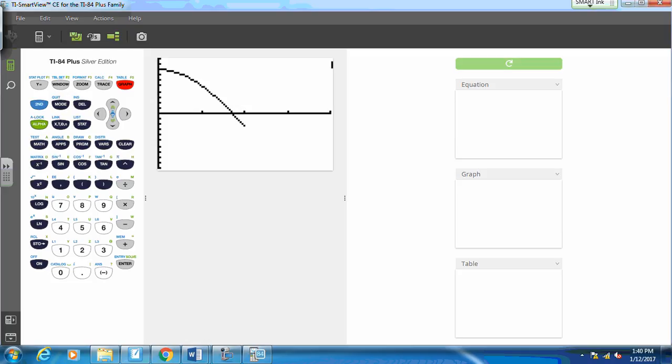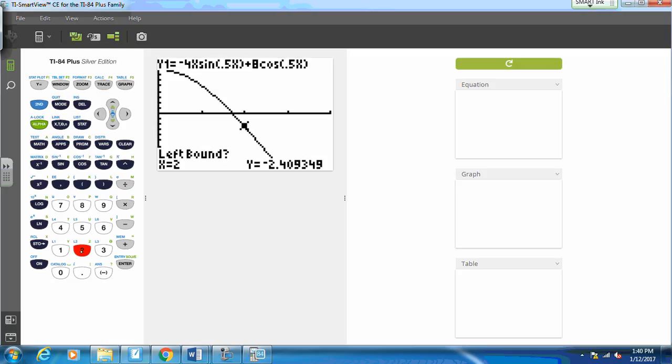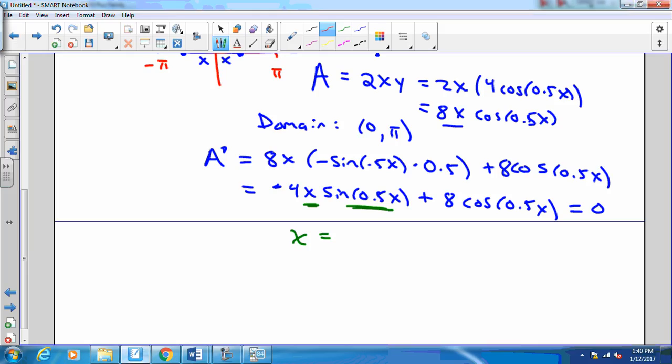That's a nice graph. And so you should have ended up with a graph like this, and when we do second calc 0, left bound at 0, right bound at, we can estimate that at 3, and I guess maybe 2, and we get 1.7207.